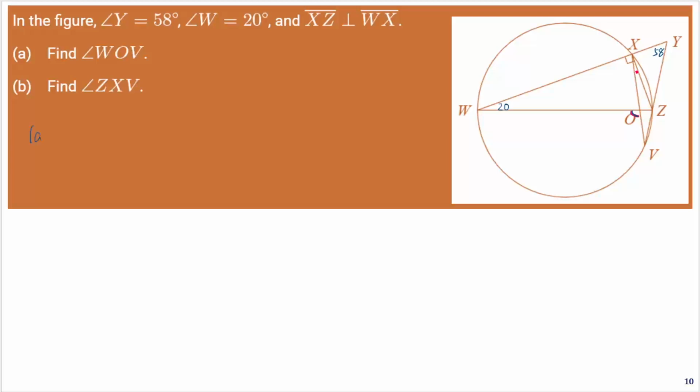Because we have angle XWZ equals 20 degrees, we know that arc XZ must equal twice that angle, which gives us 40 degrees.